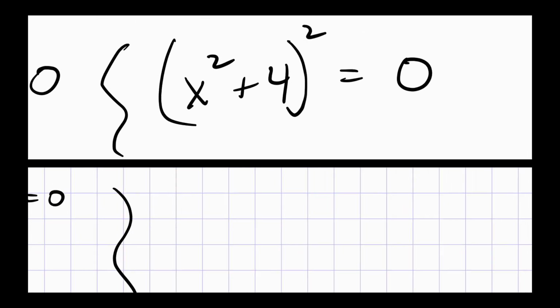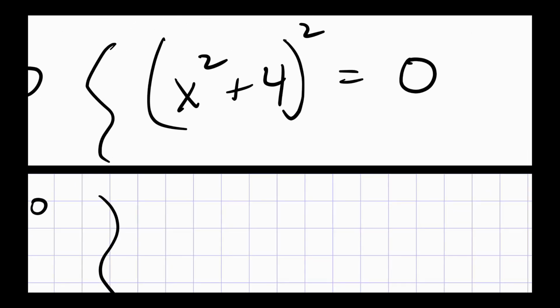This guy over here, how do I solve that for 0? Again, there's an easy way and a not harder but longer way. Anyone have any ideas?